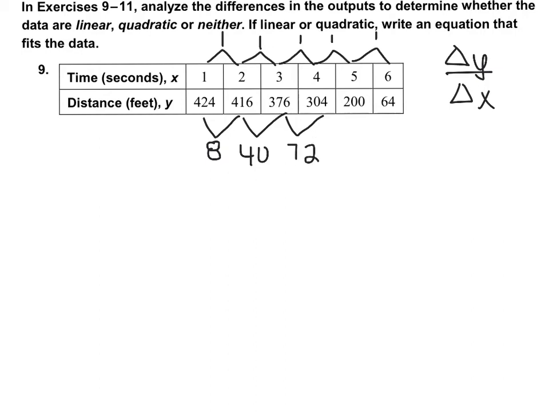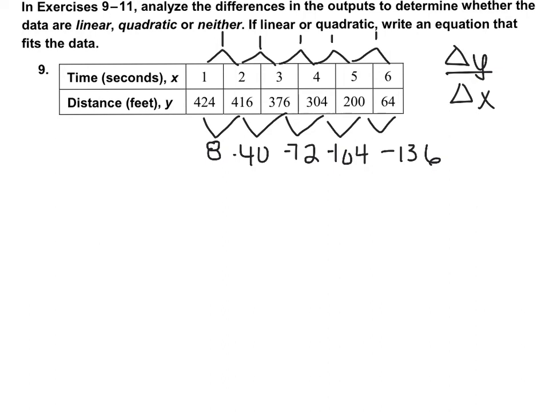When we go from 304 to 200, that's 104. Now, of course, I should be putting negative signs on all of those, sorry. And then when we go from 200 to 64, that's negative 136. Okay, so those are not consistent.